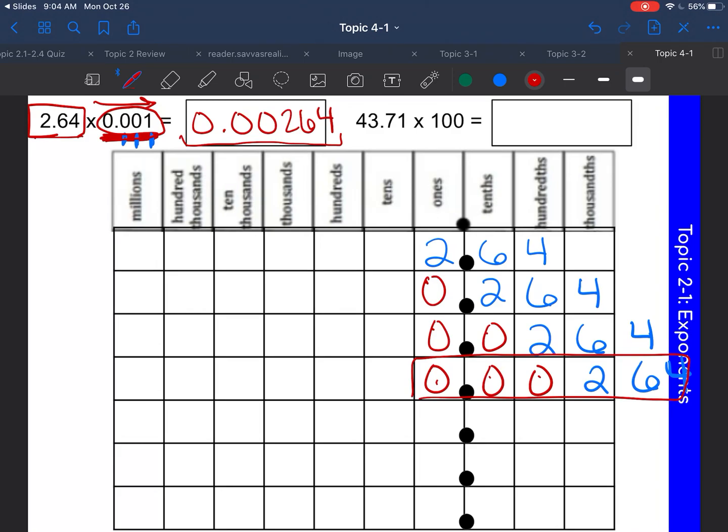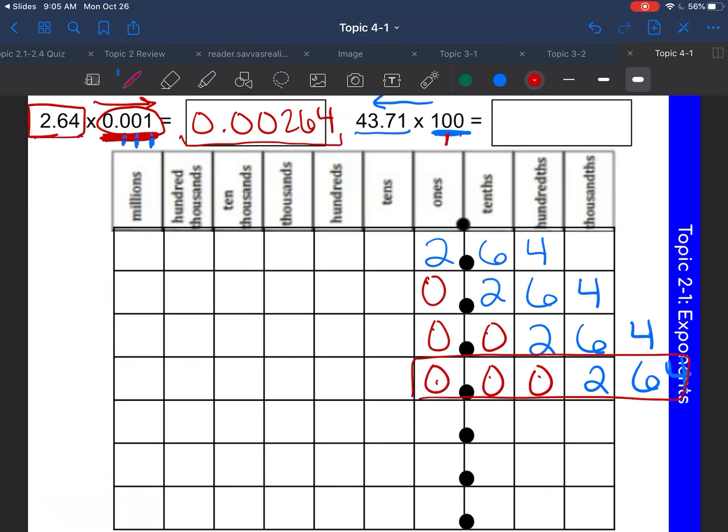Now, the next one, it's 43 and 71 hundredths times 100. So are we multiplying by a bigger number or a smaller number? We're multiplying by a bigger number. So we're going to shift this number towards the bigger place values, which is this way. And how many times are we going to shift 43 and 71 hundredths through our place values?